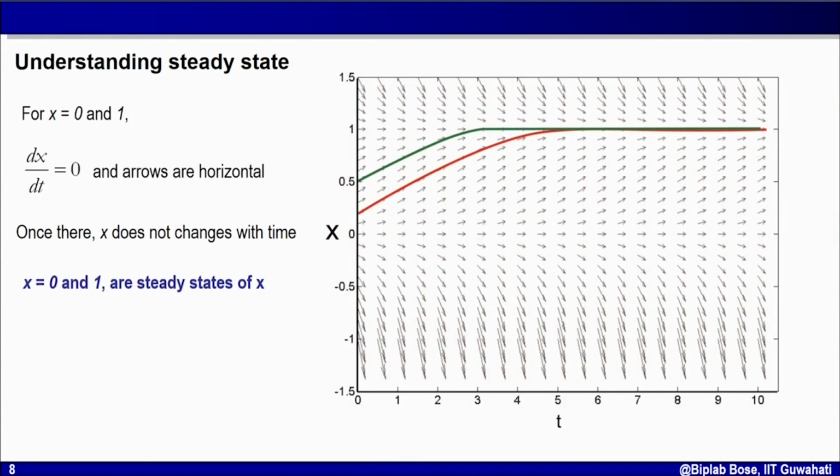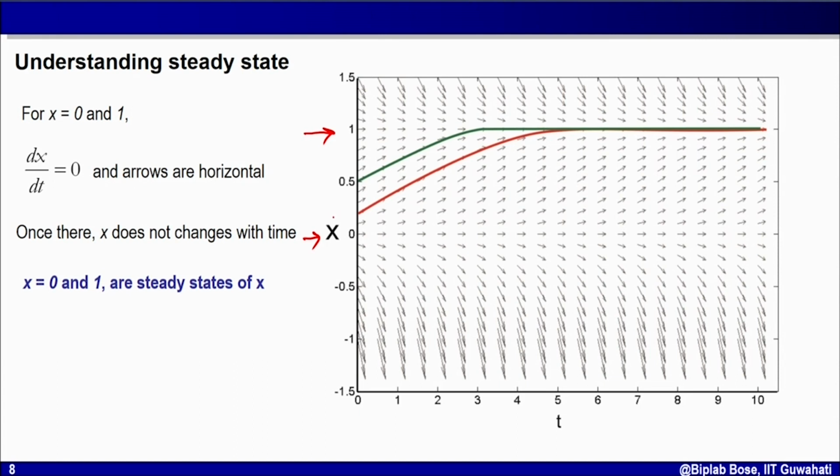So why am I discussing the integral curve and direction field? If you look into this direction field, I have two places, x equal to 1 and x equal to 0, where the direction field's arrows are horizontal. That means dx/dt is equal to 0.